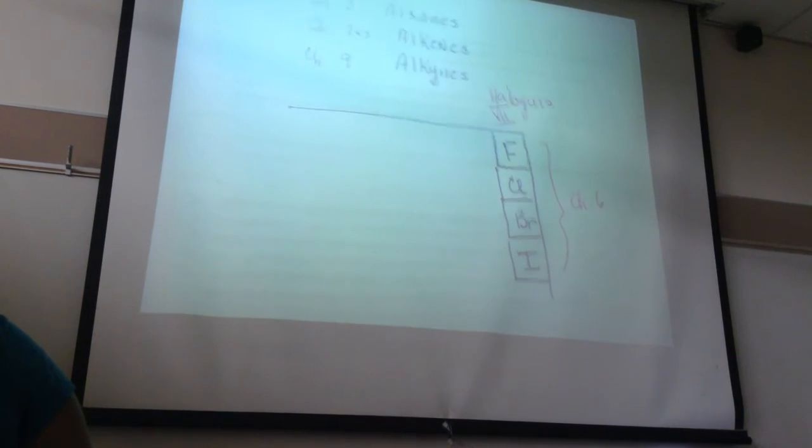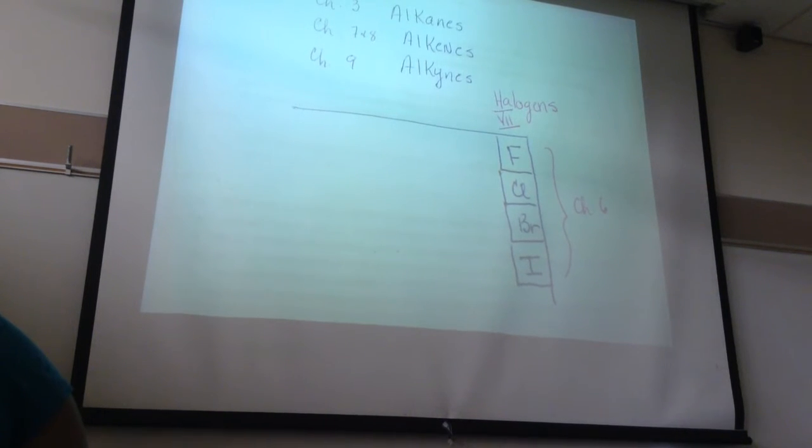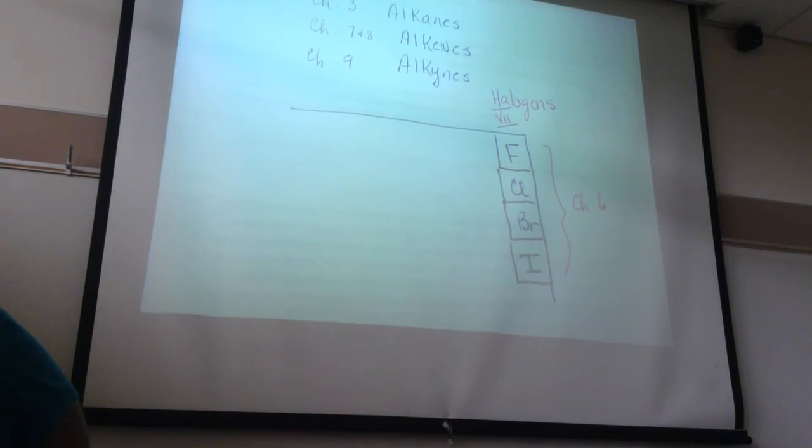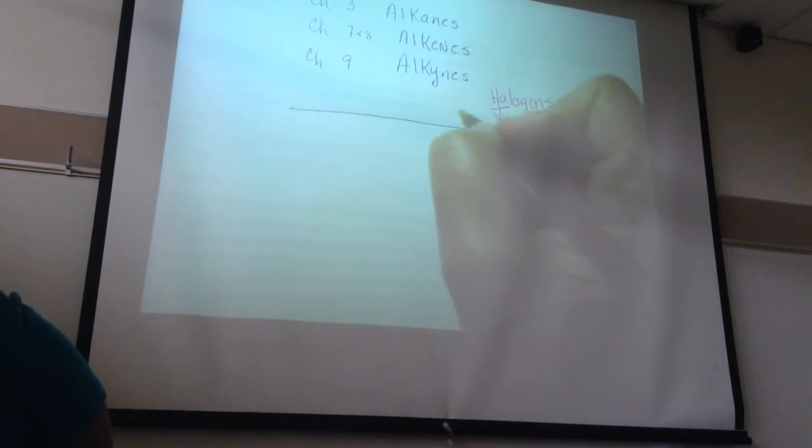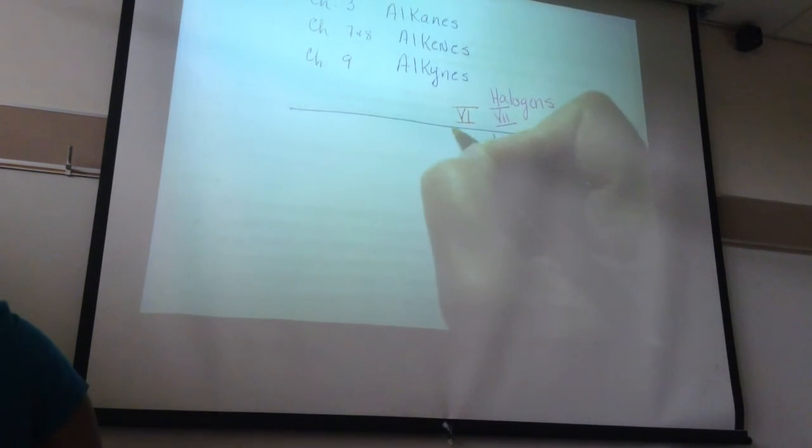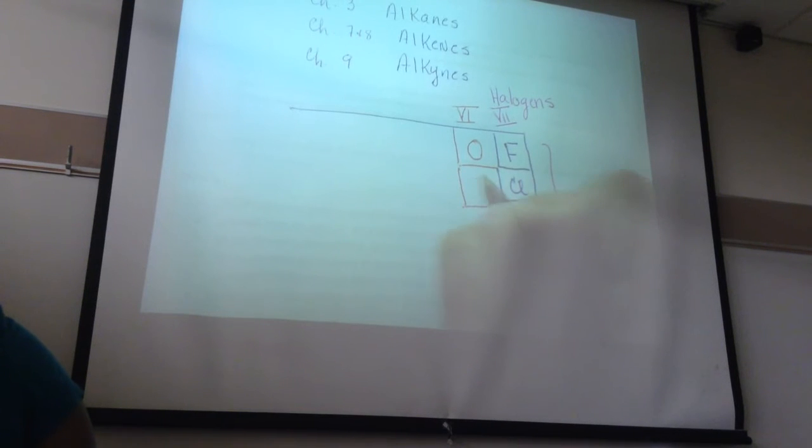All right. When I move one over, I thought I had a red pen, and I get to group 6, and in group 6 I have oxygen, and I have sulfur.